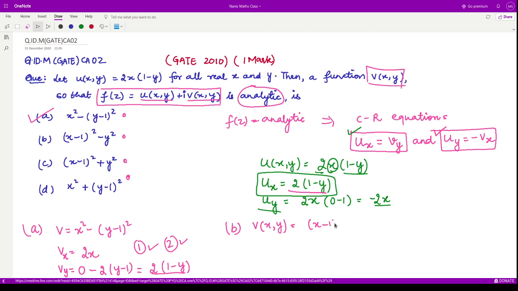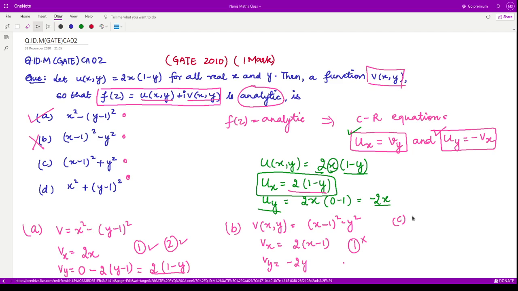For the next option, we would again calculate v x, that would be 2 into x minus 1, and v y, that would be minus 2y. Now v y from here is not equal to u x, so the condition is not satisfied, and this option is incorrect. Similarly, we'll check the third option.